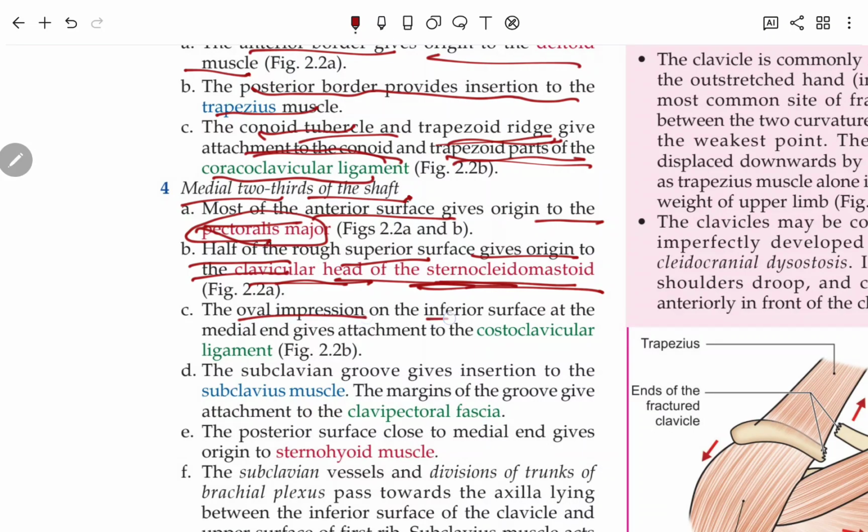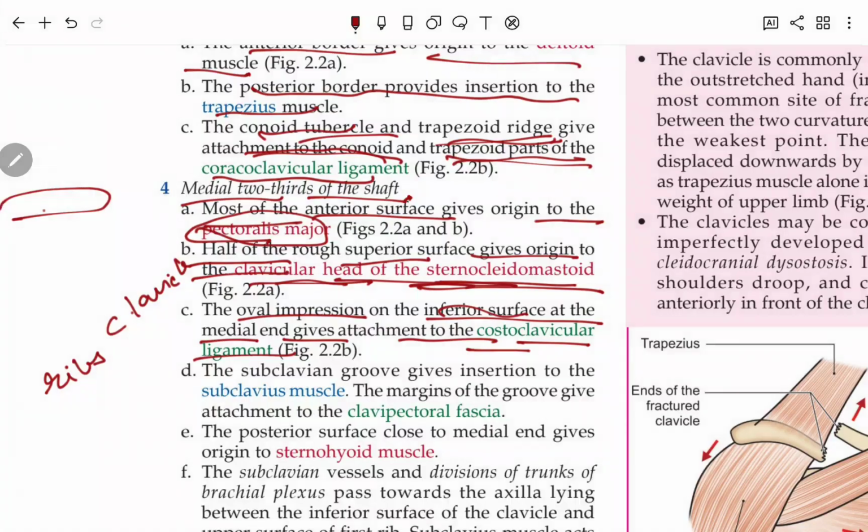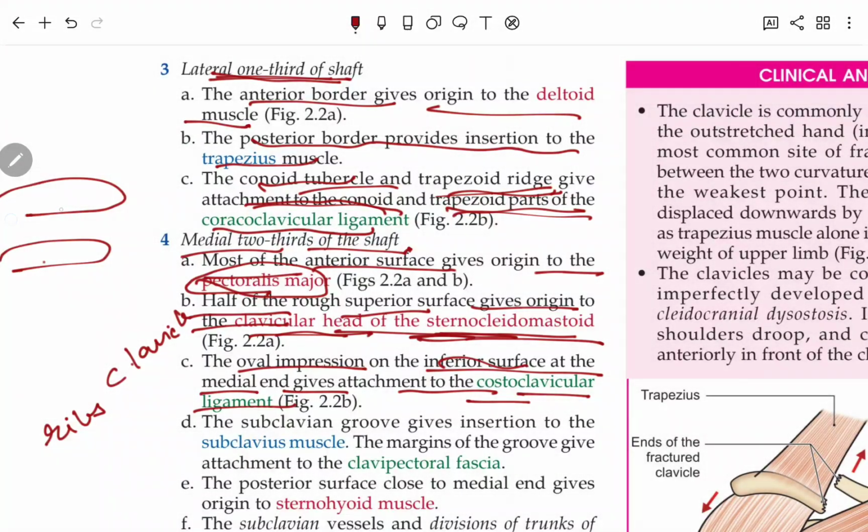The oval expression on the inferior surface of the medial end gives attachment to the costoclavicular ligament. Costo is ribs and clavicle. So inferior surface, of course, first we have ribs, then above that we have clavicle, okay?